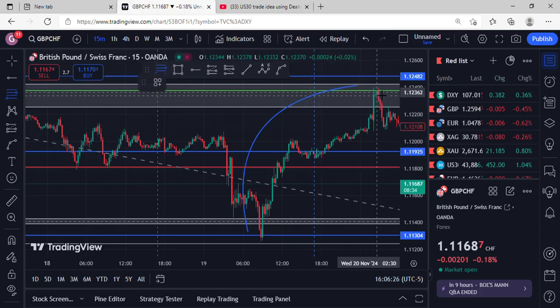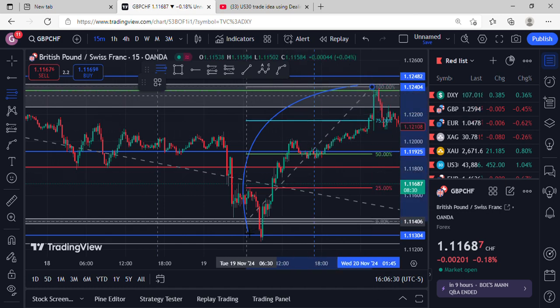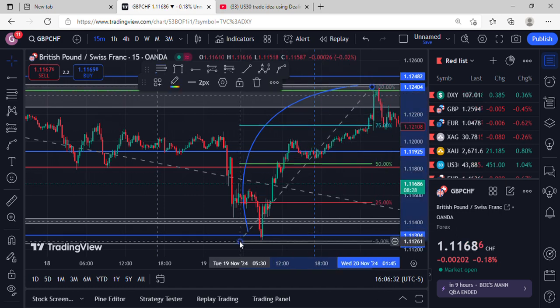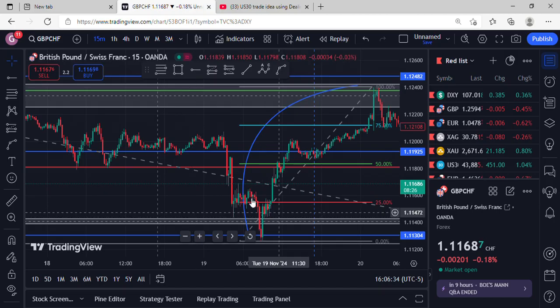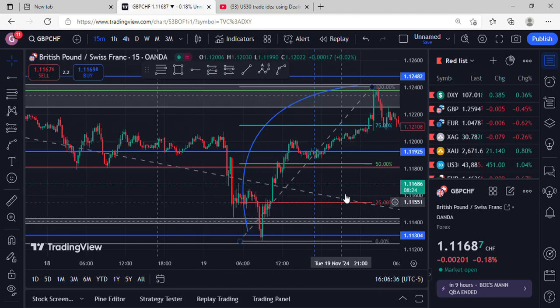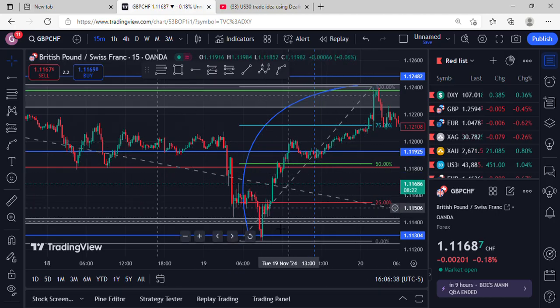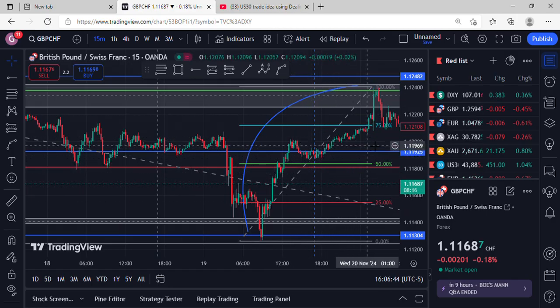Okay, and so we take the high, we draw the range on the 50 minutes, the high to the low, and then we see where these places are, the sell side liquidities are on the buy side, so that it gives us a sense of what we could target, right?